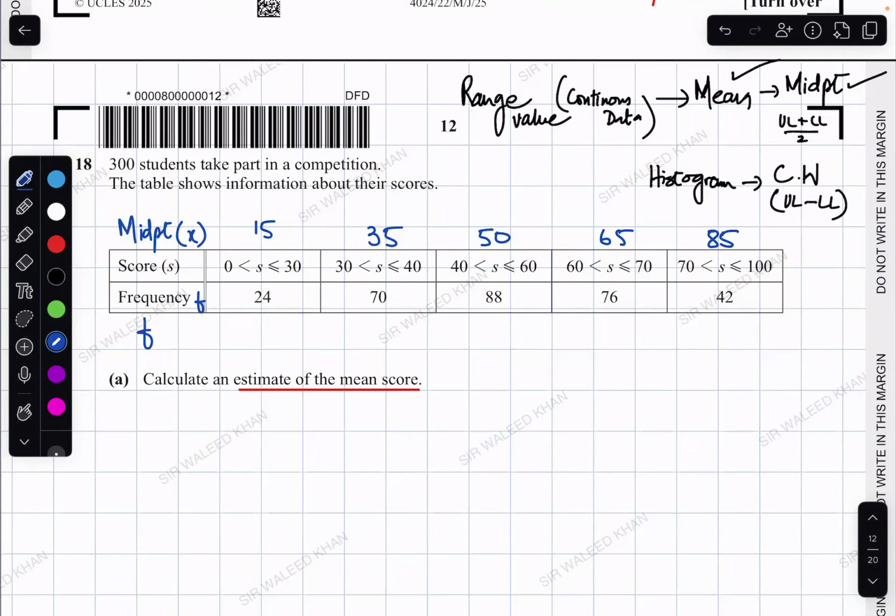So I'm going to multiply these two. 15 into 24, that is 360. 35 into 70, 2450. 50 into 88, that is 4400. 65 into 76 is 4940. And 85 into 42 is 3570.